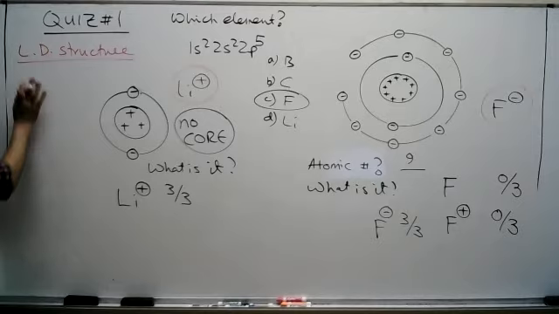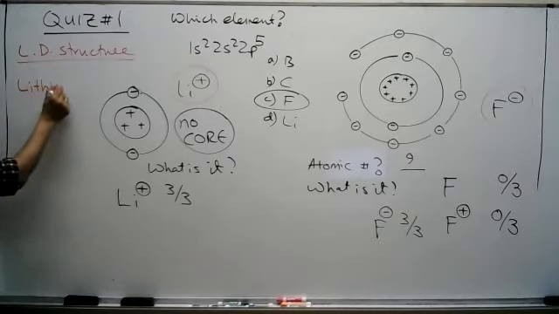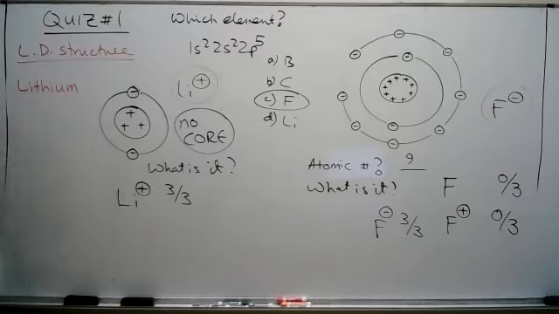Let's do just simple lithium first. How do we draw the Lewis dot structure of lithium? 1 electron. Okay, uppercase L, small i, and lithium.